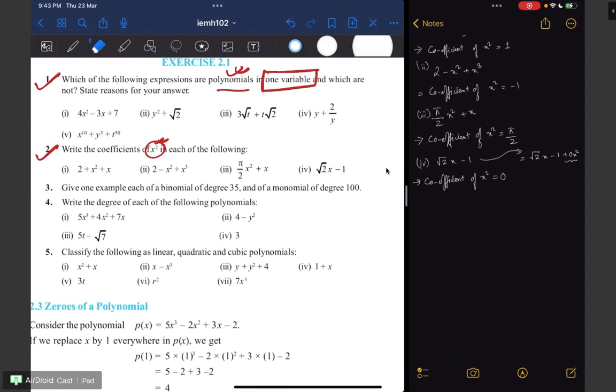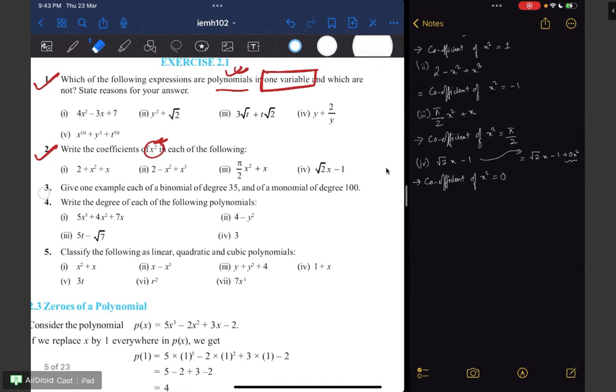The third question asks us to give an example each of a binomial of degree 35 and a monomial of degree 100. So here let me remind you what is the meaning of binomial and what is the meaning of monomial.